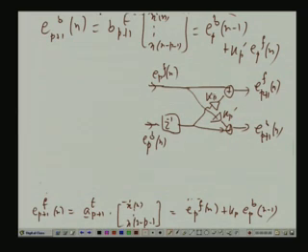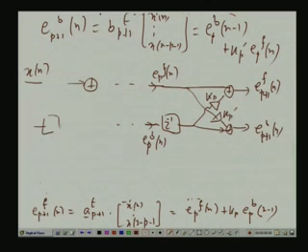just the coefficients will be Kp plus 1 and Kp plus 1 prime. So from Ep plus 1 Fn and Ep plus 1 Bn, I can generate the same errors for p plus 2th order and then p plus 3rd order, and so on. So this is order recursive. Very first stage, you know that for the 0th order case, forward and backward prediction errors are the same and there is xn.